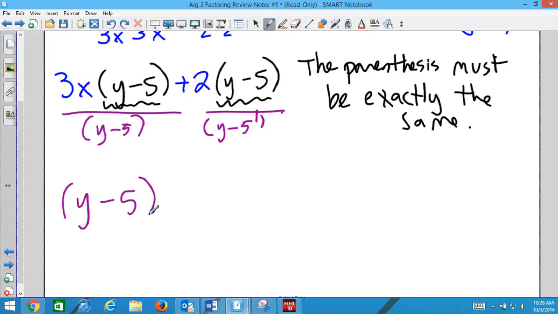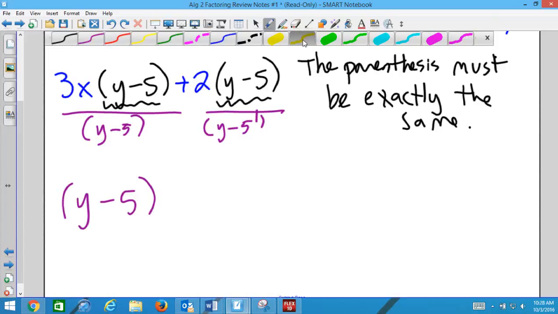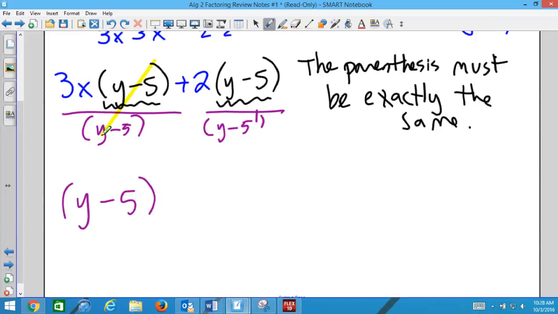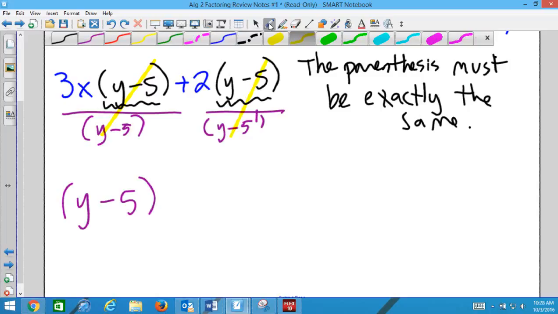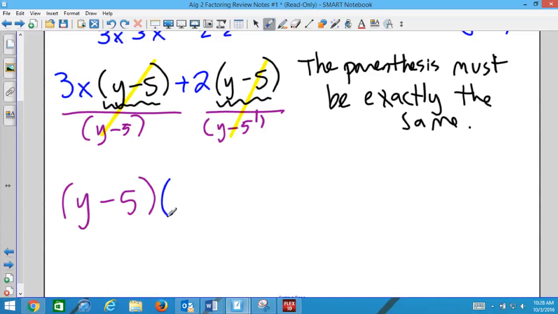When I undistribute that, the y minus 5's cancel. We're dividing them out and putting it in front. What is left over when I divide out the y minus 5 from both of these terms? 3x plus 2. So you're taking out the y minus 5, you're putting 3x plus 2, and that's it. That's all there is.